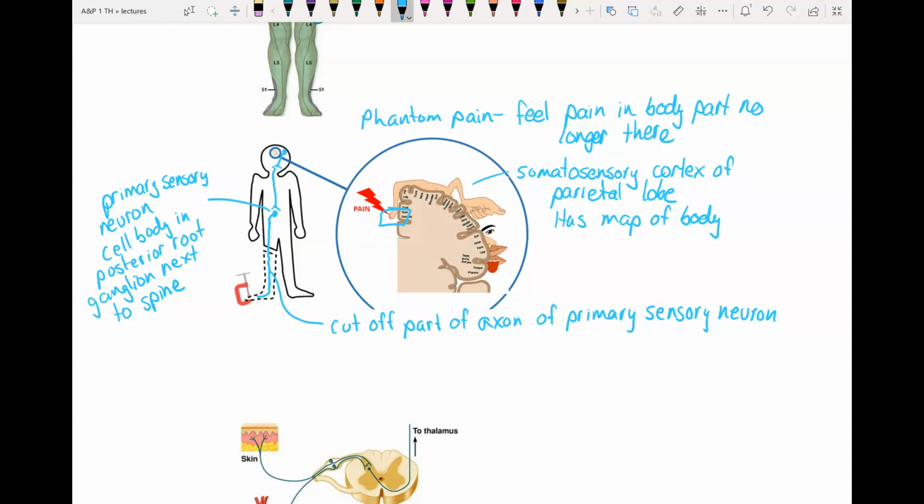But as long as the cell body of a neuron is alive, then the neuron is still alive. So the cell body of this neuron is still alive in that posterior root ganglion next to the spine.